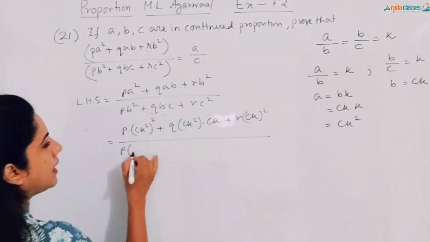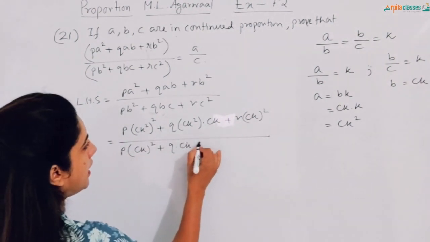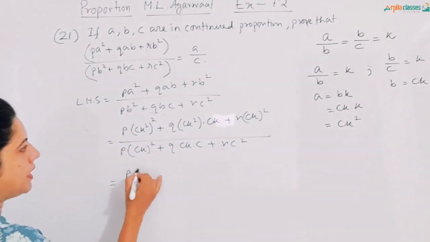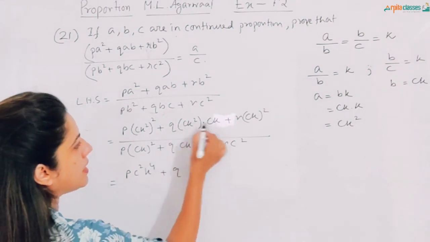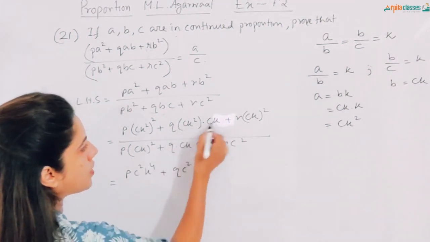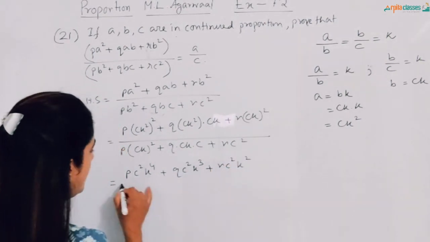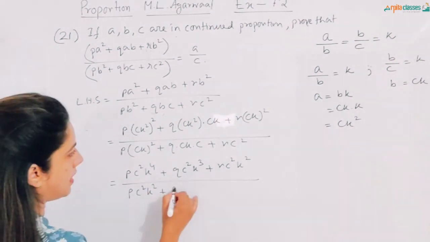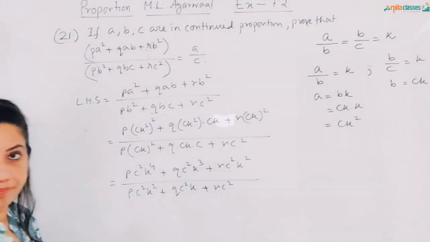Down, P B square, that is (CK) the whole square, plus Q into CK into C plus R C square. Now this is P C square k to the power 4 plus Q C into C is C square, K square into K is K cube, Q, plus R C square K square. Down I have P C square K square plus Q C square K plus R C square.